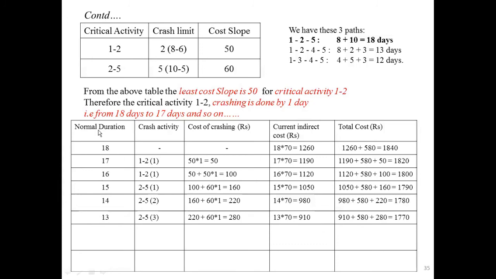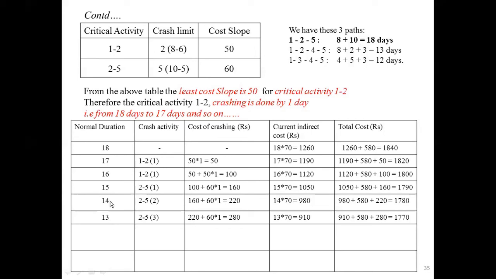At 13 days, if you check with respect to these three paths, we have reduced from 18 days to 13 days. At 13 days, there are two parallel critical paths. It is 1 to 5, which earlier was 18 days. We have reduced to 13 days.